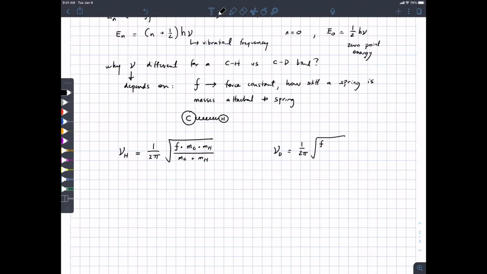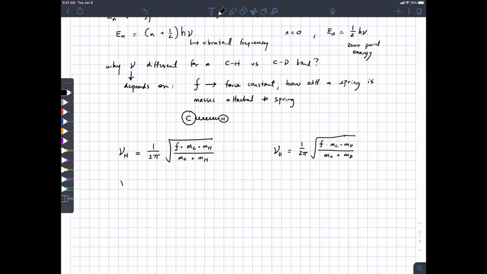And the force constant we'll assume is the same, mass of carbon times mass of deuterium divided by mass of carbon plus mass of deuterium. Okay? So let's compare these two vibrations, shall we?